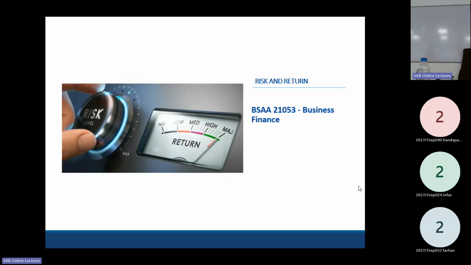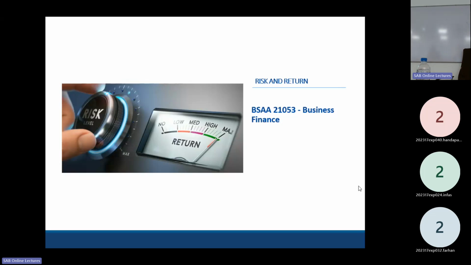Suppose you have 1 million for investment. If you invest this money in a government bank, your rate of return is lower than if you invest this 1 million in the stock market, because investment in the stock market is risky compared to a bank fixed deposit.